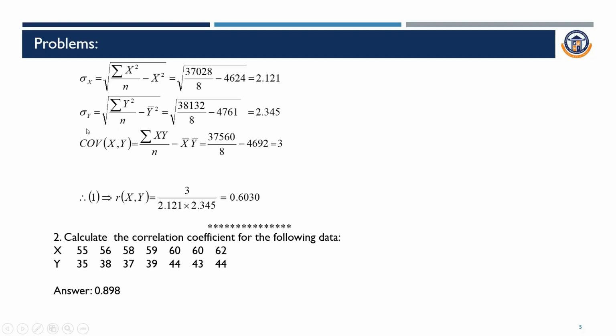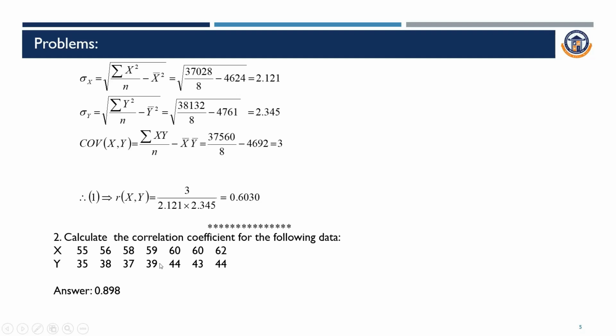Similarly, we find sigma y. Its answer is 2.345. Then calculate covariance of x comma y. Its value is 3. After finding sigma x, sigma y and covariance, we substitute all these three in the correlation formula. So the answer is 0.6030. Definitely this value lies between -1 and +1, so our answer is correct.